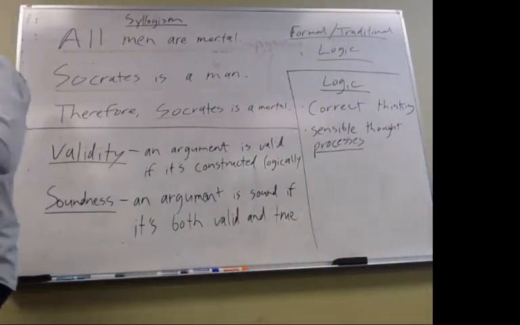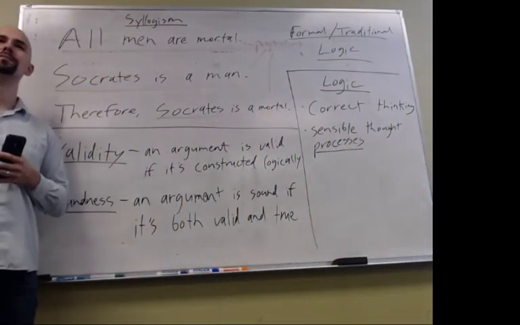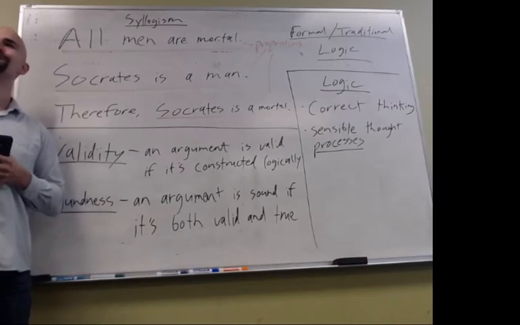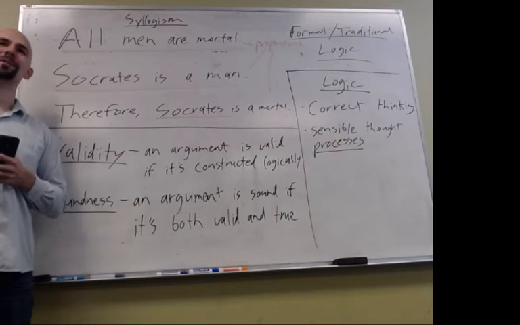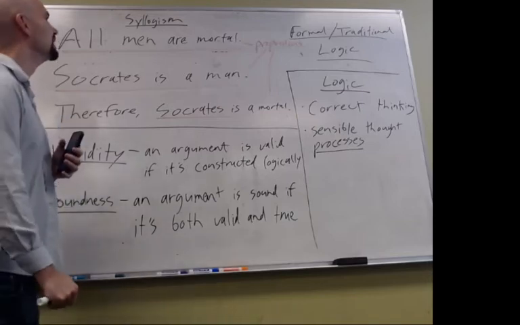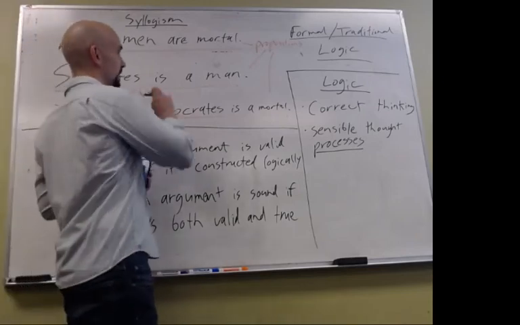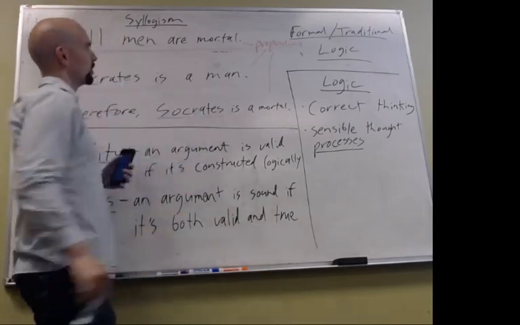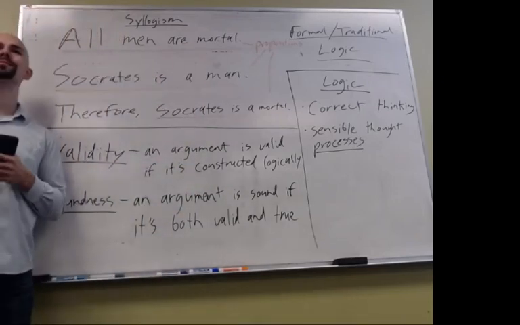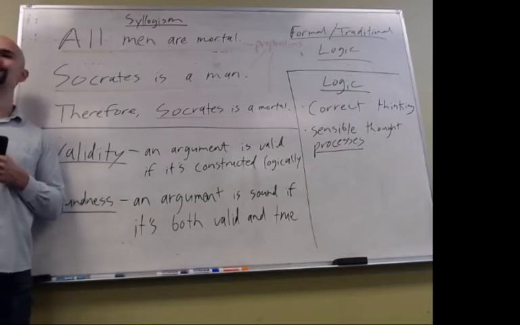So can an argument be true or false? What do you think? Either. This is a trick question. You're probably going to be wrong. So can a proposition be true or false? For example, can all men are mortal be true or false? Yeah. So yes to that, but the argument is either valid or invalid.